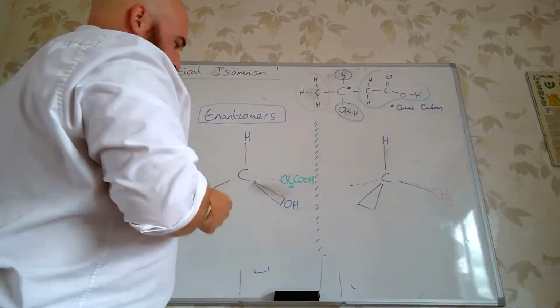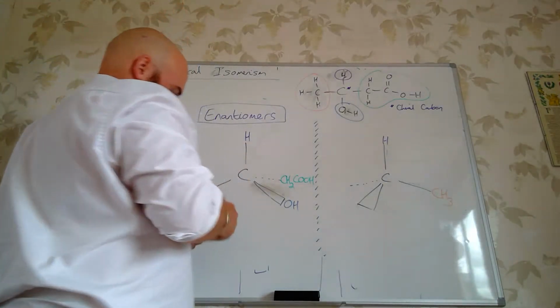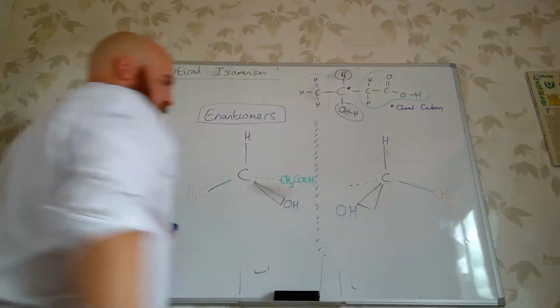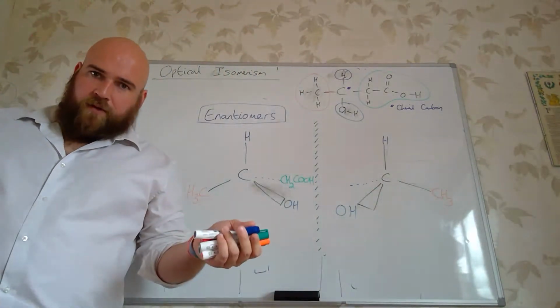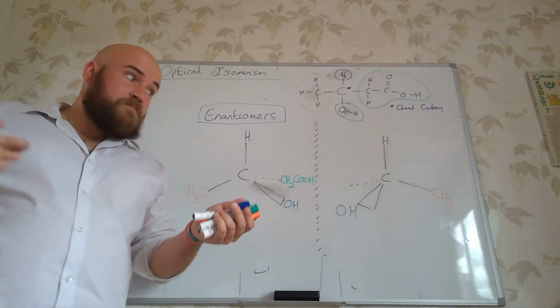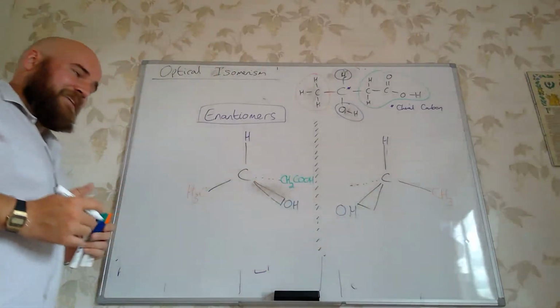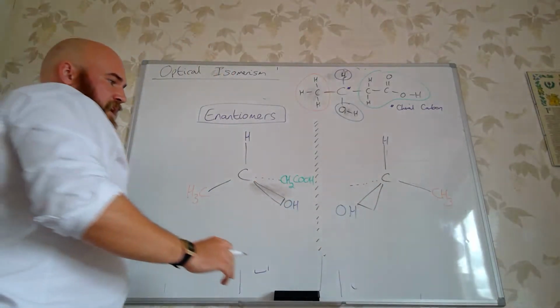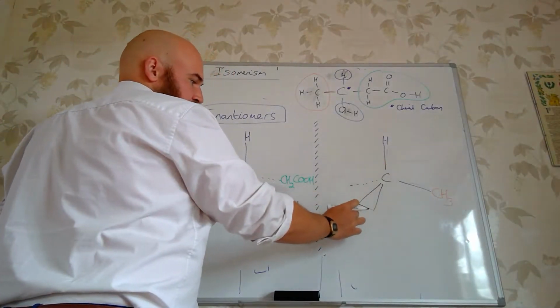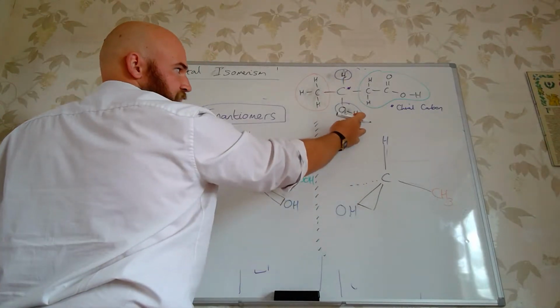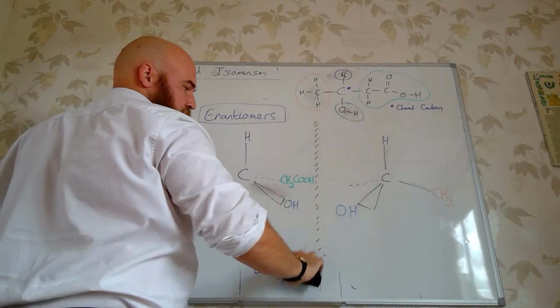Because if you were to just write OH out as OH, you notice there's a bit of a problem. There's a major flaw with drawing it like that, and this is why examiners will penalise you for this. It shows that the carbon is bonded to the hydrogen. In reality, is the carbon bonded to that hydrogen there? No, it's bonded to the oxygen.